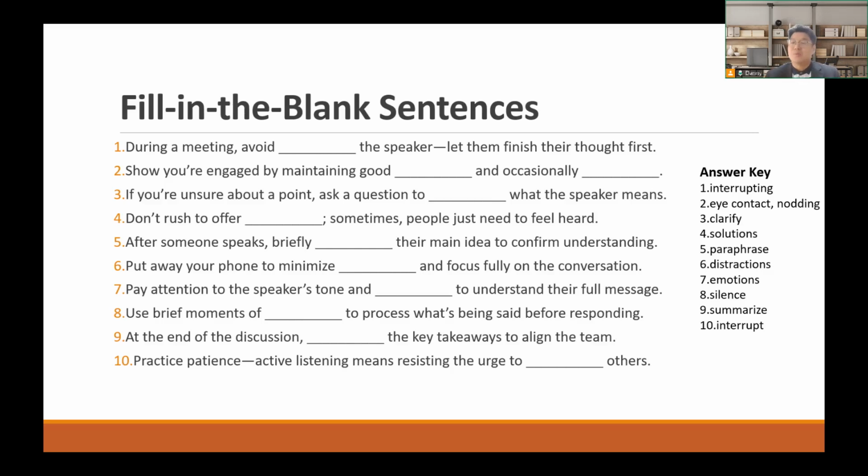Summarize means to give a summary. Last one, number 10, practice patience. Active listening means resisting the urge to interrupt others. So we listen and we wait. After fully understanding, we then give feedback.